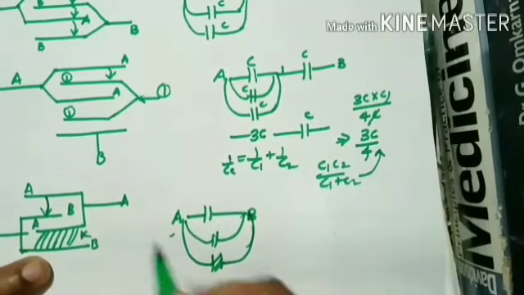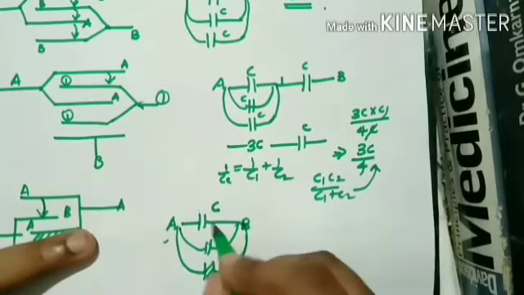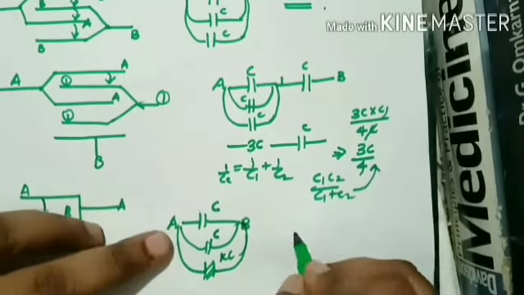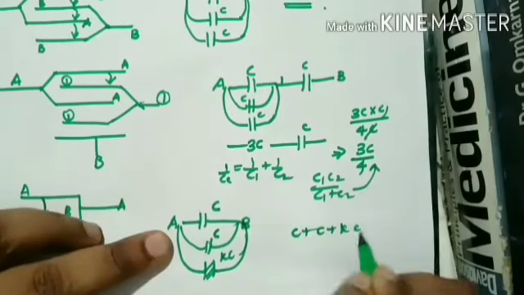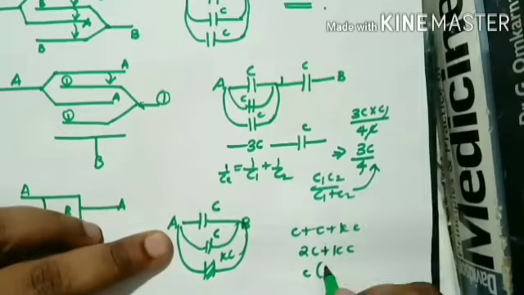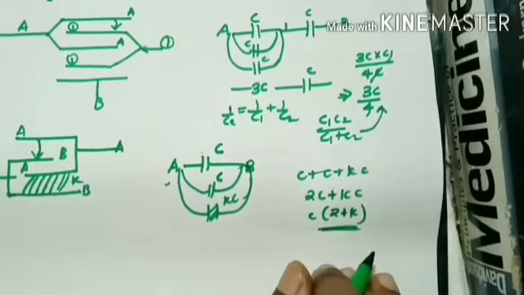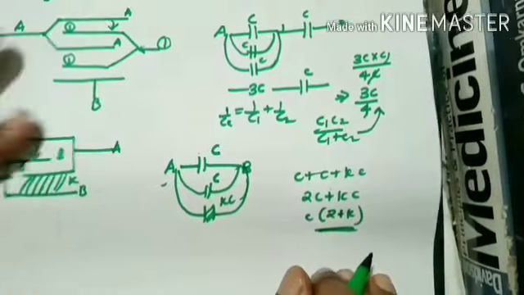Suppose the dielectric constant is K. So this is C, this is C, this will be KC, and all three of them are in parallel, which means C plus C plus KC. It becomes 2C plus KC, or C into (2 plus K). That is your equivalent capacitance. This is all simple if you understood the concept.